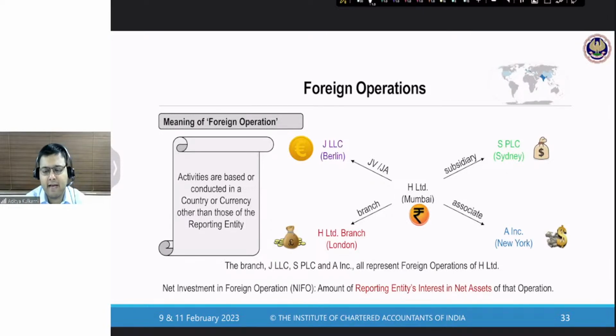And it could be having an associate in New York, AINC, where the currency is the US dollar. So these are some of the ways you could be structuring your foreign operations. It could be a branch, a subsidiary, an associate, or a joint venture.